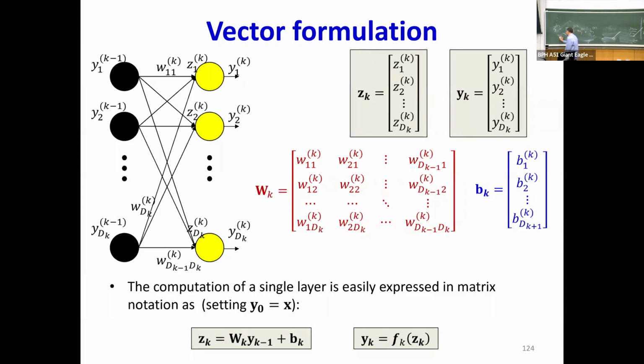Consider the first. If I just take w times y, right? And let me call this 0 and 1 just because I need something, right? If you work out the equation, that's going to be w_11 y_1 plus w_21 y_2 of the previous layer plus w_31 y_3 of the previous layer, going all the way till you get b_1 for the first layer.